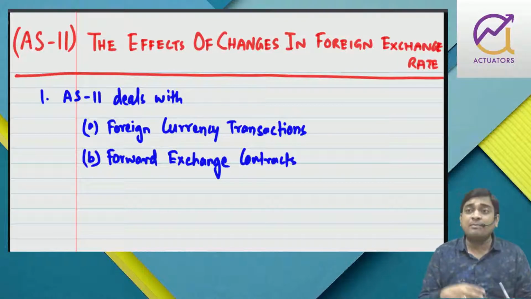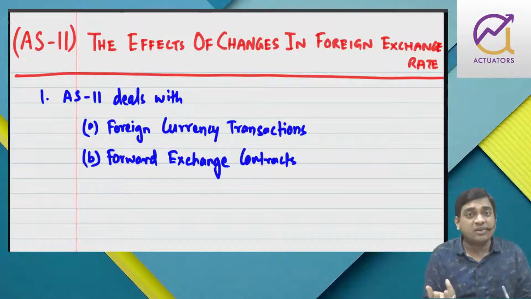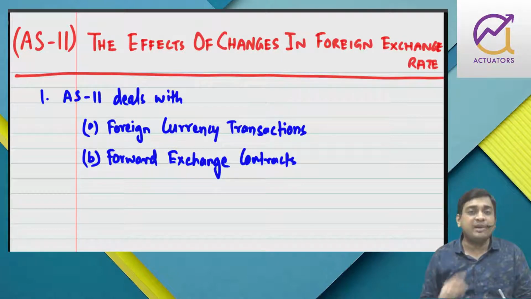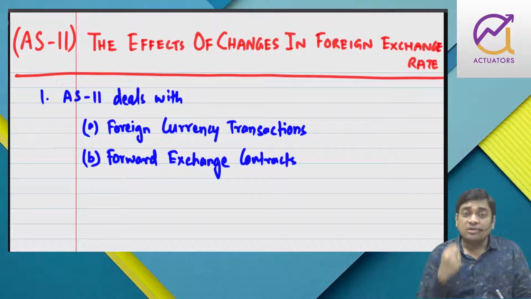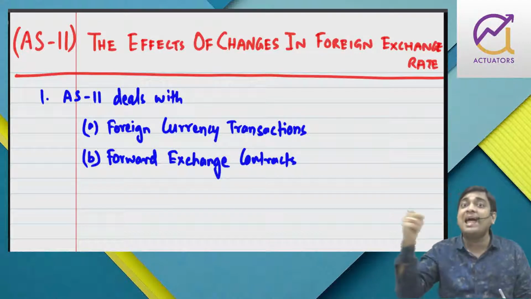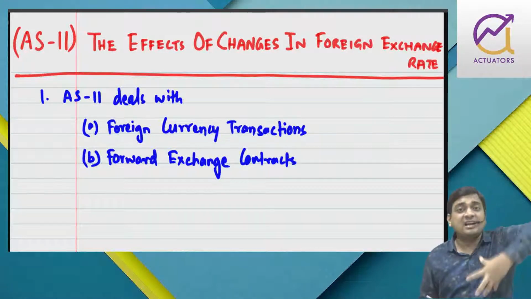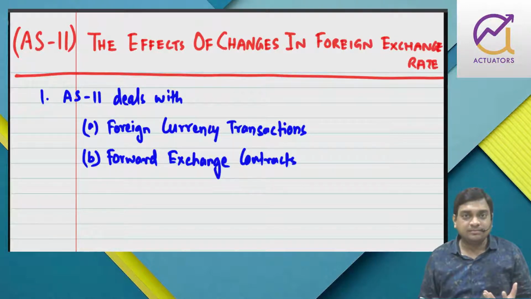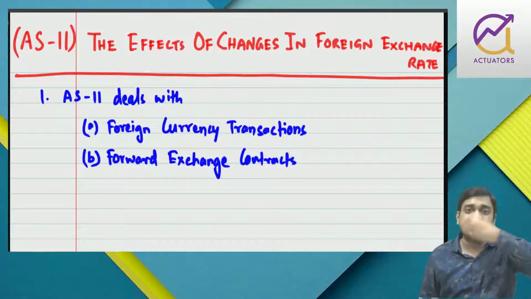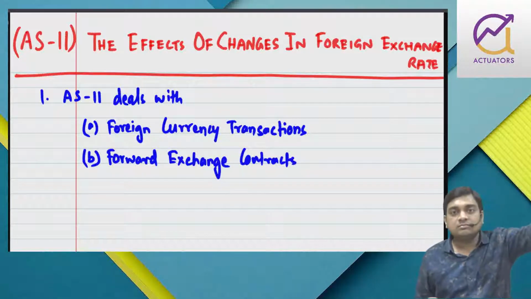Now, say for example, I am not settling today. There is a credit period offered by the supplier, say 3 months. Listen very carefully: after 3 months, do I have to pay 70 lakh rupees or $1 lakh to the foreign supplier? Initially, I converted that transaction using the exchange rate from 3 months before.